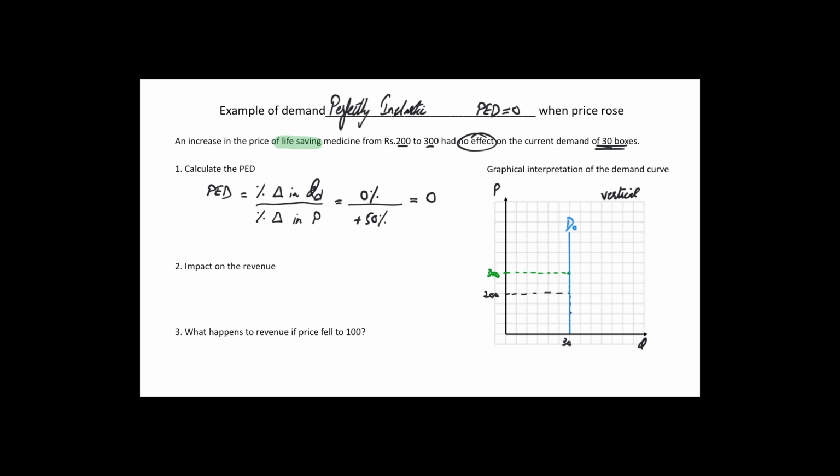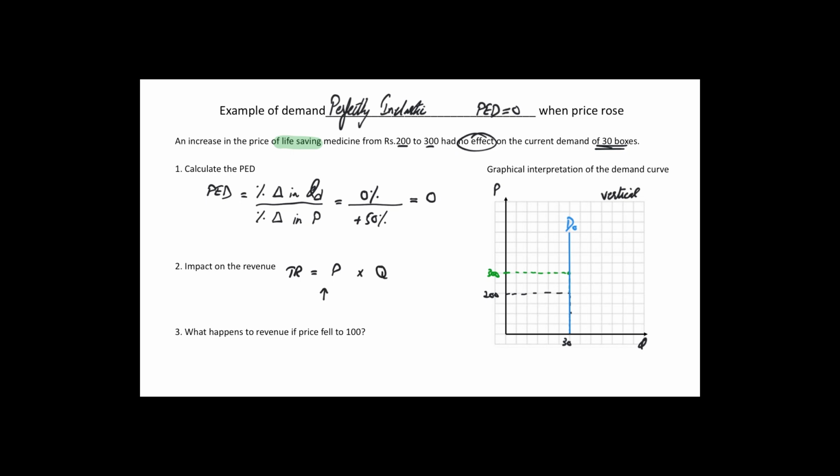And as far as your revenue goes, when the price went from 200 to 300, the quantity doesn't change. So let's do it this way. Total revenue is price into quantity.